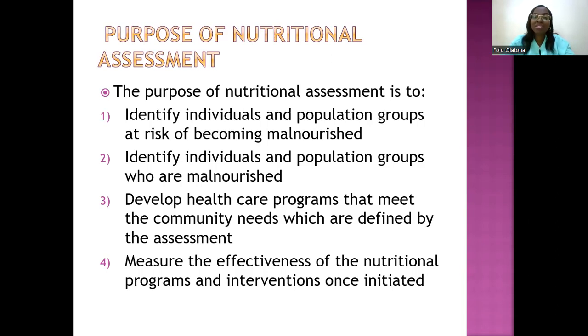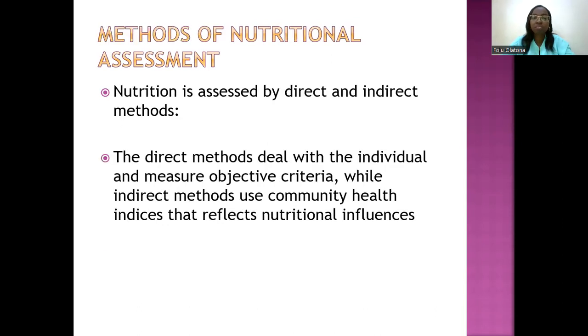You need to measure the nutritional status again. So checking is not just enough to check the store and see that the iron tablets are no longer there. You need to check the nutritional status of the people again, and then you can now conclude whether your program is effective or not.